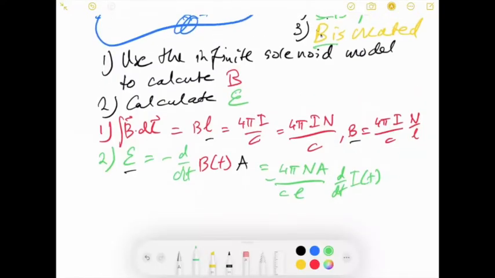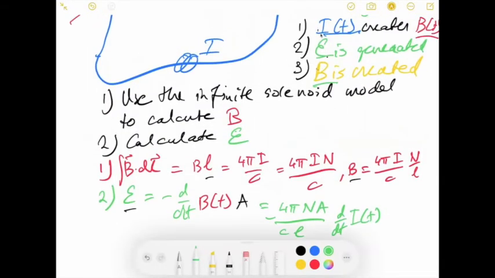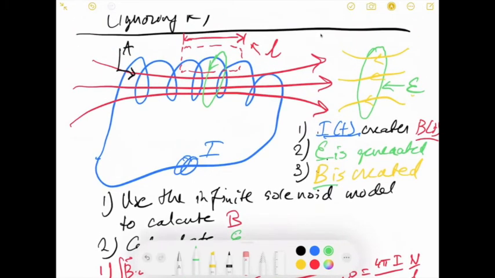Now here comes the really interesting part. We are right now treating the green solenoid or the green coil as distinct from the blue coil, but really there is no reason to think that any of these turns, let's call it this turn, doesn't actually experience the same EMF as the green coil, because it is part of the solenoid.